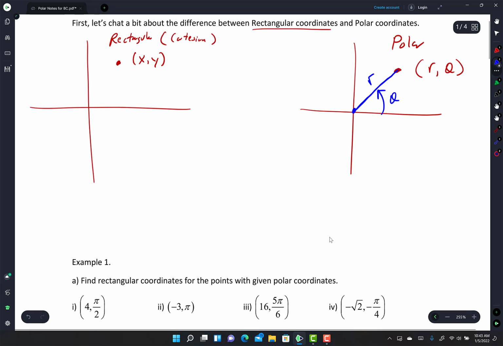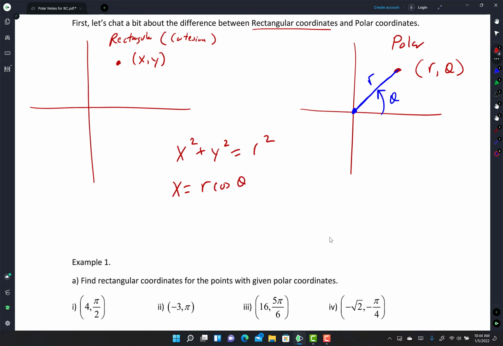All right, now there are relationships here, and they're very easy to get. Because it comes from the origin, you can say x squared plus y squared equals r squared. If you want to go from polar to rectangular, the x value is nothing more than r cosine theta. The y value is nothing more than r sine theta.